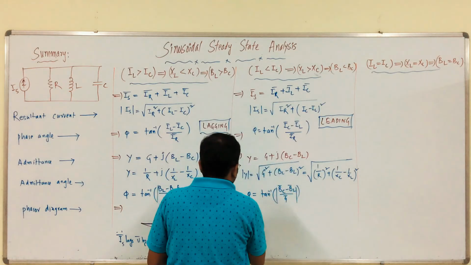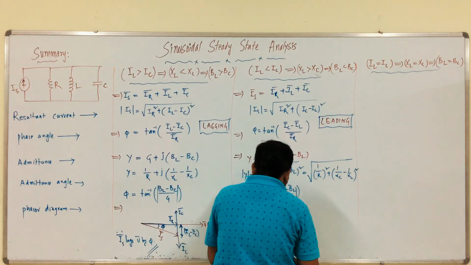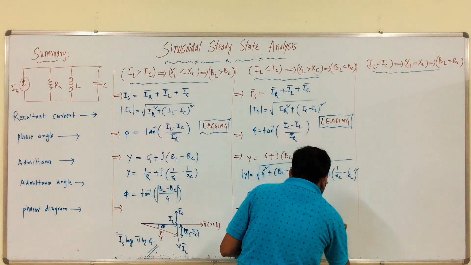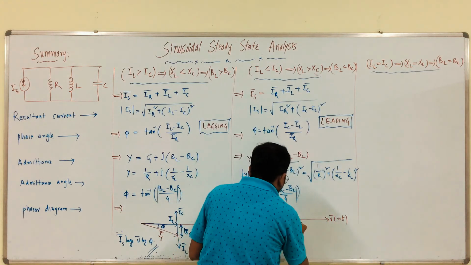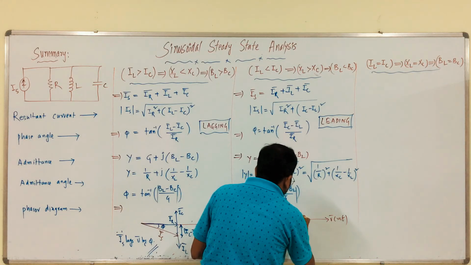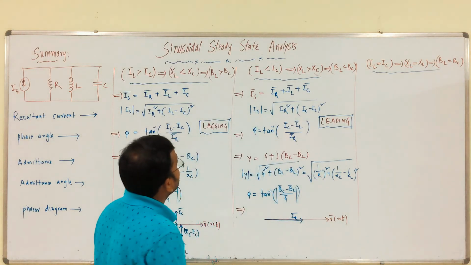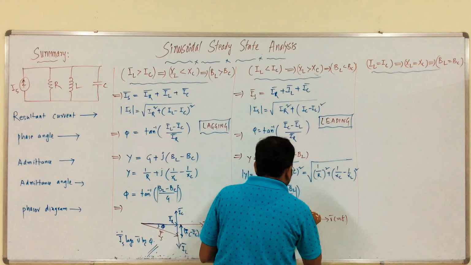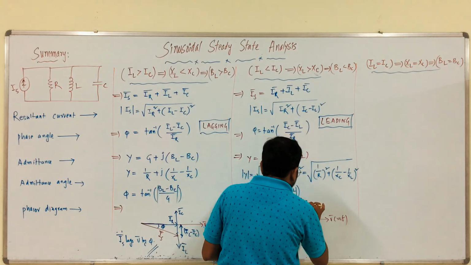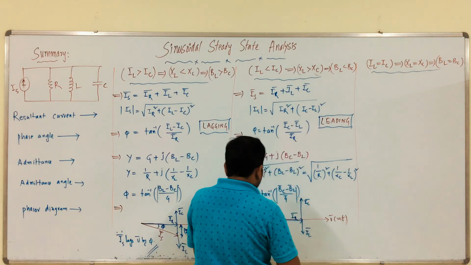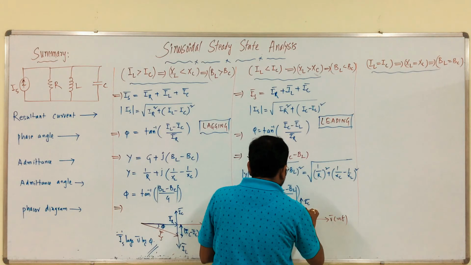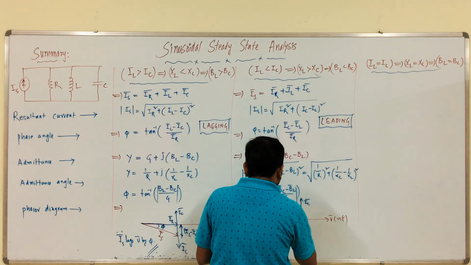Next, phasor diagram. See, V is taken as reference, clear. Then IR is always in phase with V. Then see the condition, IC is more than IL. Therefore, this is IC, this is IL, then this is the resultant. This is what?